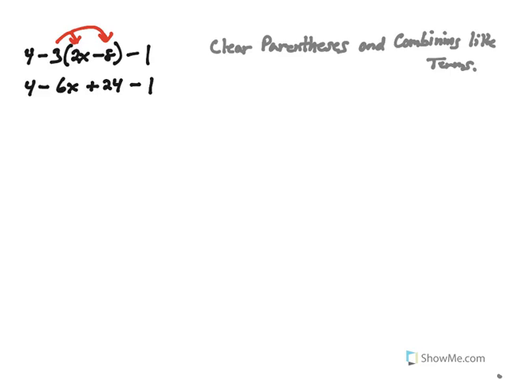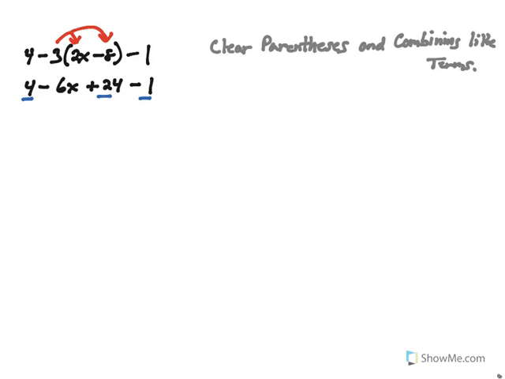So we look for things that we can add or subtract that are identical. And here I see a bunch of numbers that we can do. We have the 4, the 24, and the 1. We're going to combine like terms.